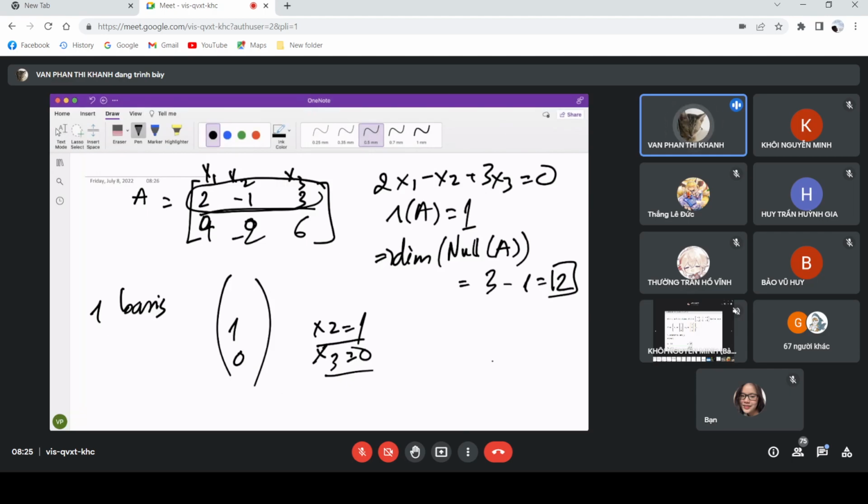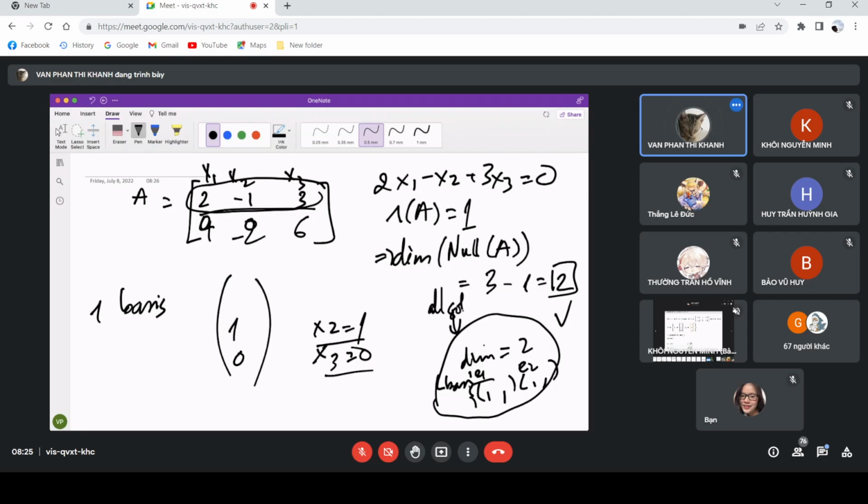So I have a vector space V and its dimension is 2. It means that the basis here consists of two vectors. I already gave you the form E1 and E2 like this, right? So this is the set of all solutions. These two basis vectors are just two solutions. A solution means that it satisfies the equation Ax equals 0.